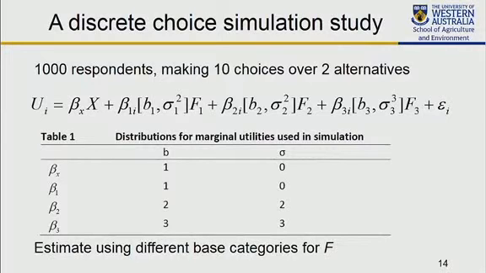Both of those are actually going to be constants. They're going to be fixed parameters. Beta 2 is 2 for the mean, and Beta 3 is 3. And then the standard deviations are 2 and 3 as well. So I can get a simulated data set. I know what the true data generating process is because I've created it. And now we can see what happens if we estimate a different base for f.